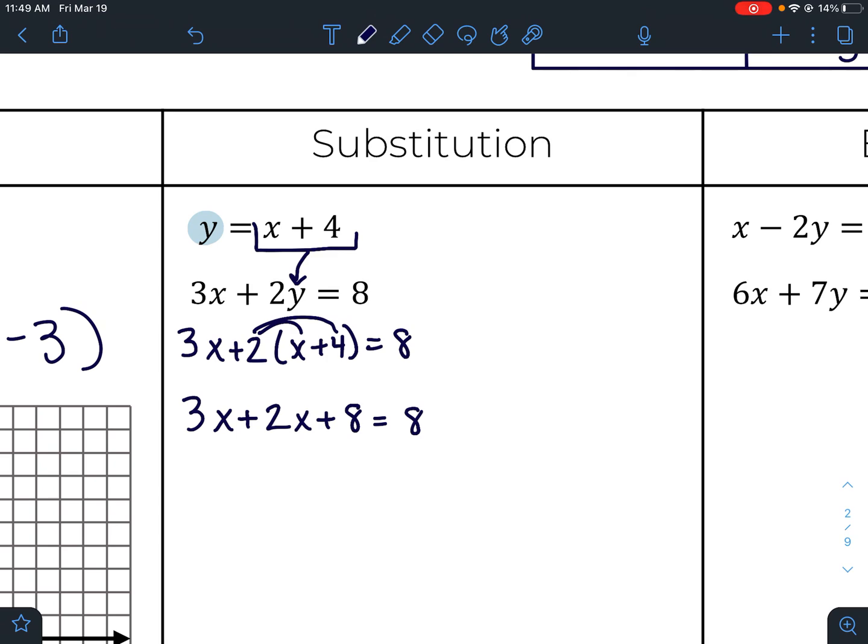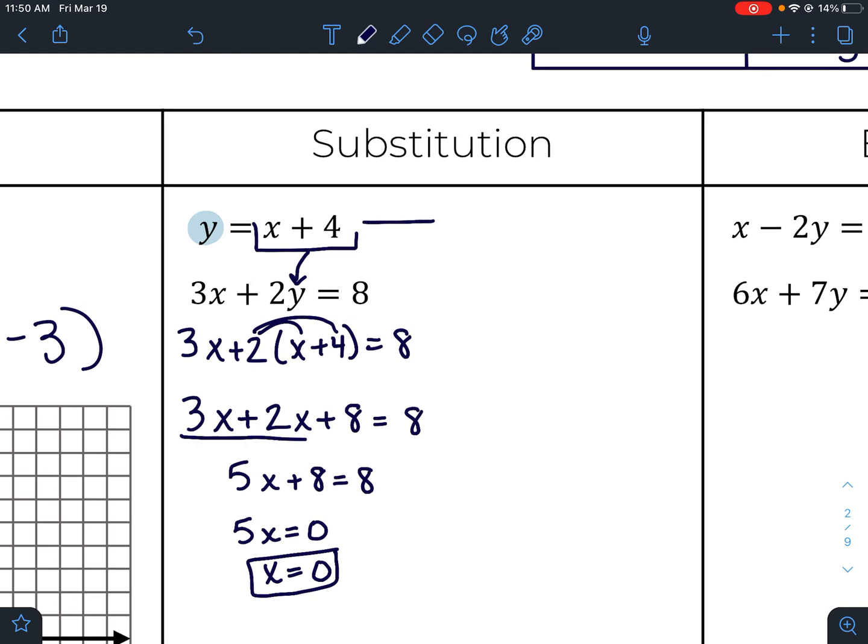Going to combine my like terms here. 3 plus 2 is 5x plus 8 equals 8. Okay, I'm going to minus 8 from both sides, so that gives me 5x equals 0. Divide both sides by 5, so x equals 0. Now that I have that, I'm going to plug it in.